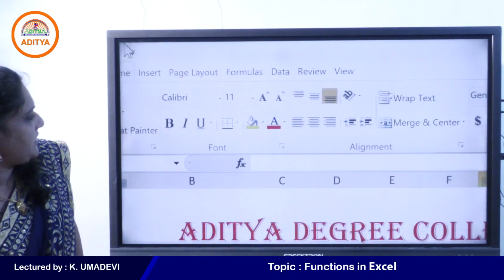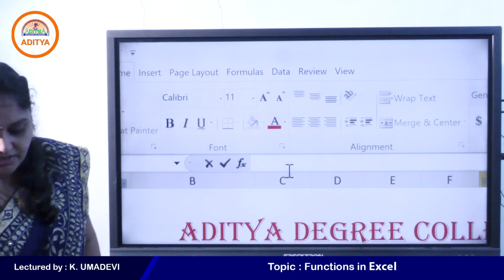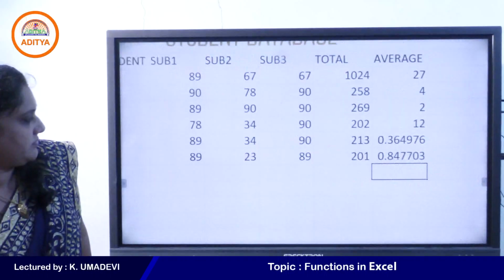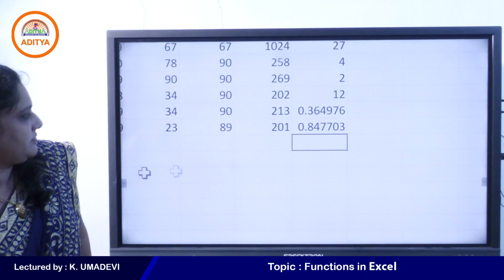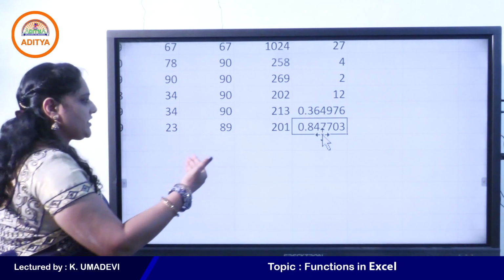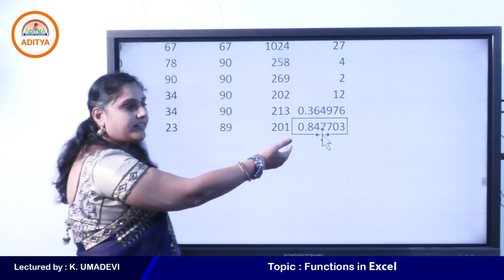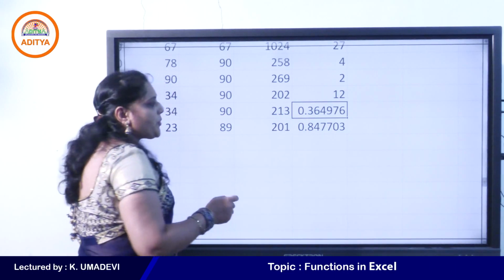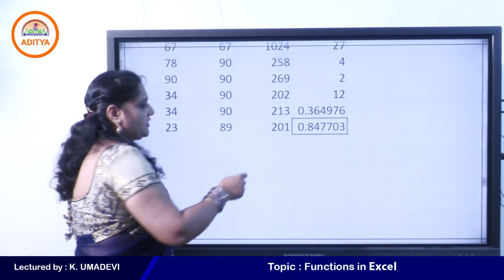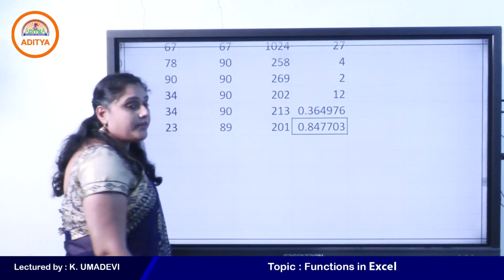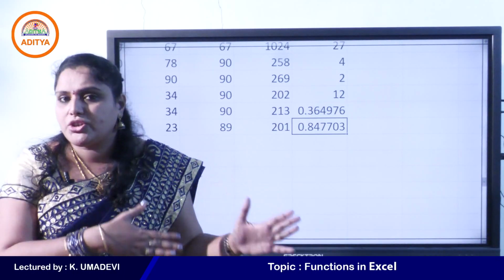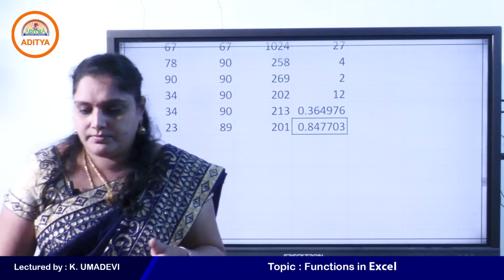Again I will use the RAND method, is equal to RAND. See, it always gives different values in between 0 and 1, right? The first time it gave 0.364976, and this time it gives 0.847703. So like this, it gives a random value in between 0 and 1.